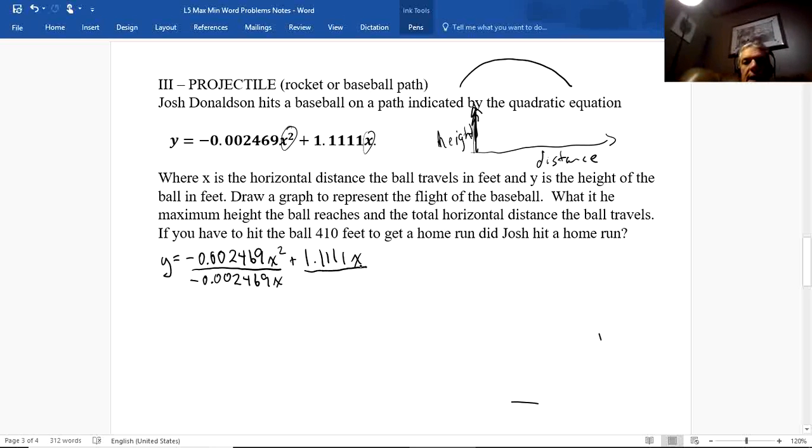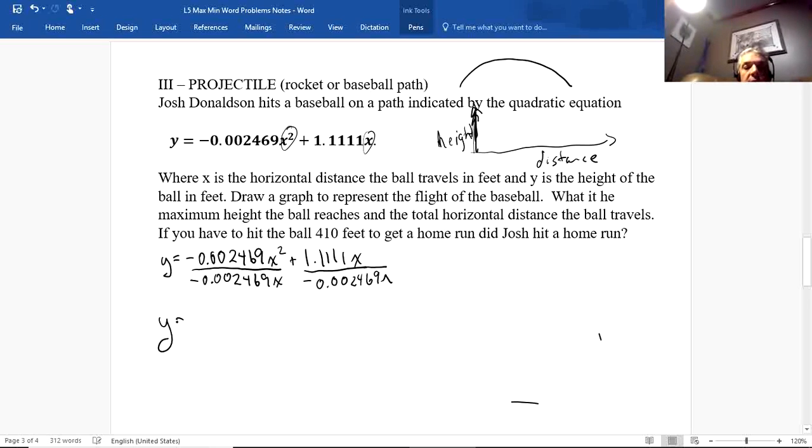And I'm going to do that by dividing both terms by this value, 0.002469x, okay? And when I do that, you're going to see I write the equation with the minus 0.002469x out front, and then I put a bracket, and I end up with x minus a value here, okay?